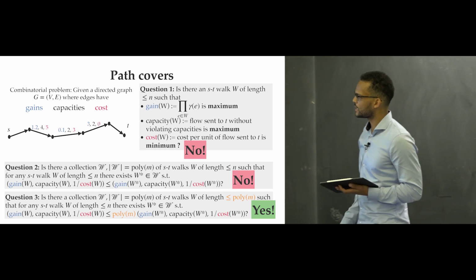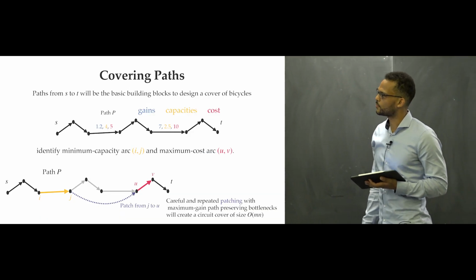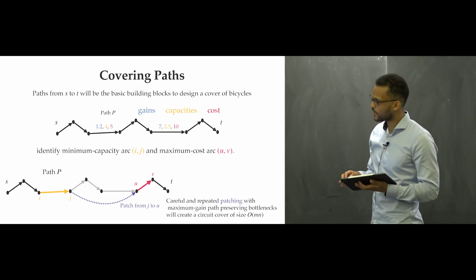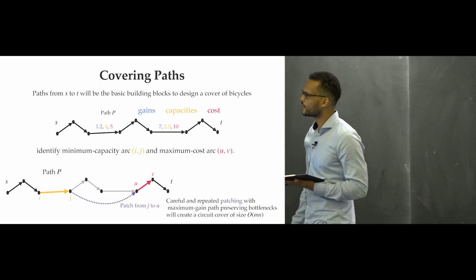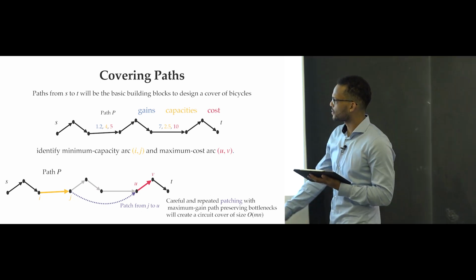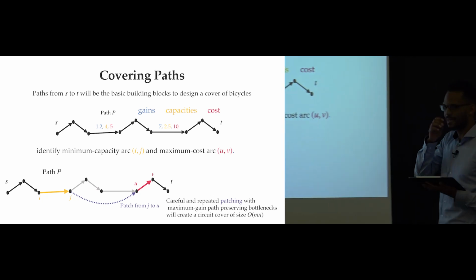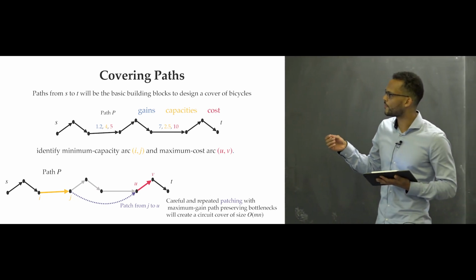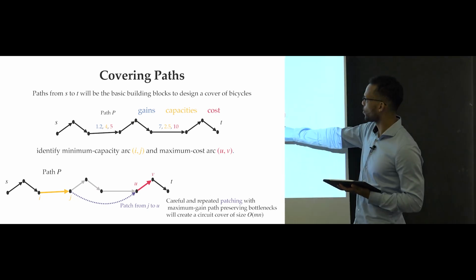Okay. And to give a very rough idea of how you would prove such a thing is the following. Whenever you have any path, there is going to be the capacity arc, which is the one that has the least capacity, which will be the one that will be first saturated. And you have a second arc that is the one that has the maximum cost.